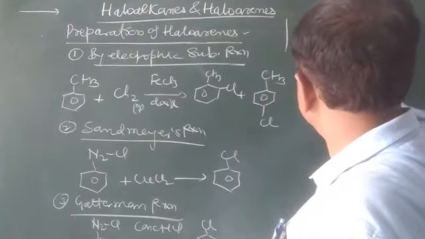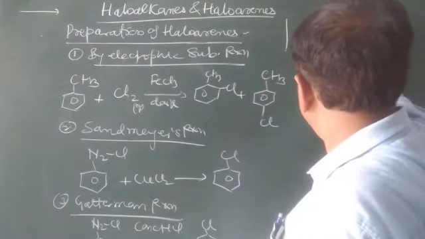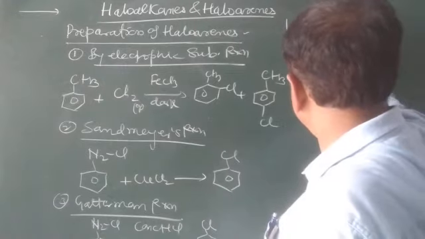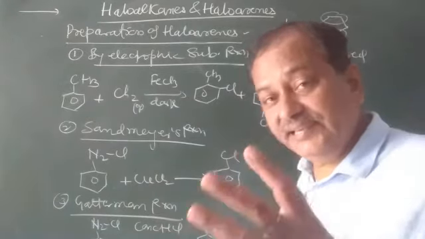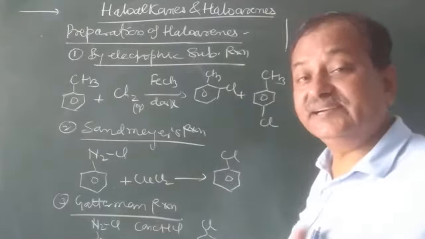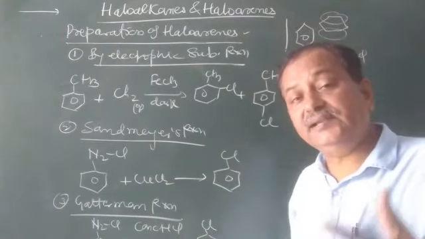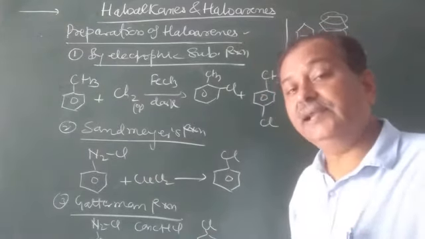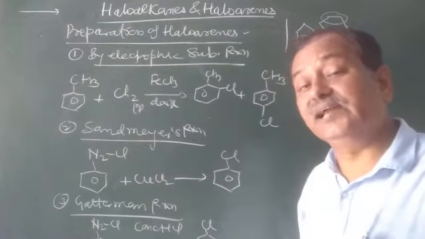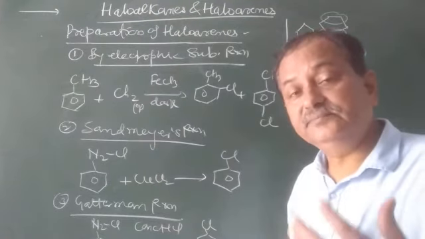So like this, here is one ring, here is the other. It appears to be highly reactive, but actually arenes are highly stable and they do not undergo reactions like the other alkanes.